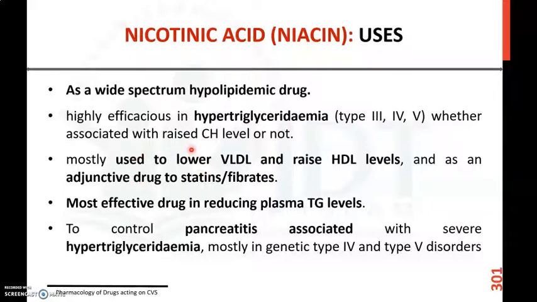And nicotinic acid is mostly used to lower very low density lipoprotein and raise HDL level, and used as an adjunctive drug along with statins as well as fibrates. And nicotinic acid is the most effective drug in reducing plasma triglyceride level and also to control the pancreatitis associated with severe hypertriglyceridemia, mostly in genetic type 4 and type 5 hyperlipoproteinemic disorders. So those are the uses of nicotinic acid.